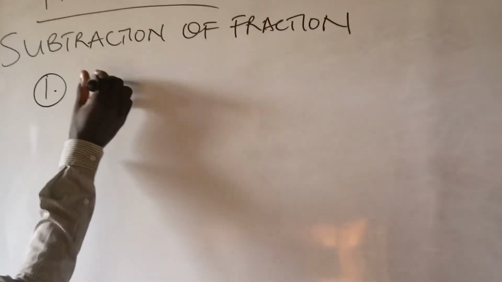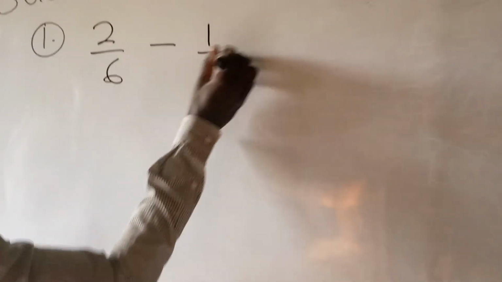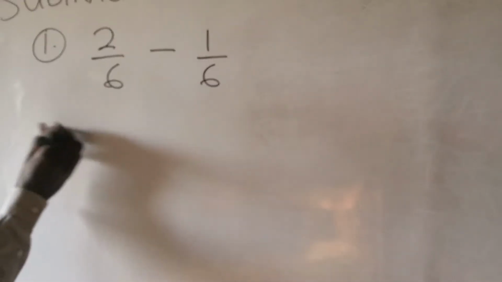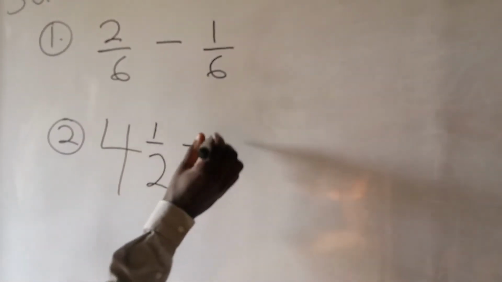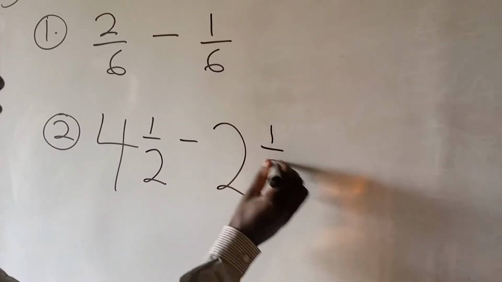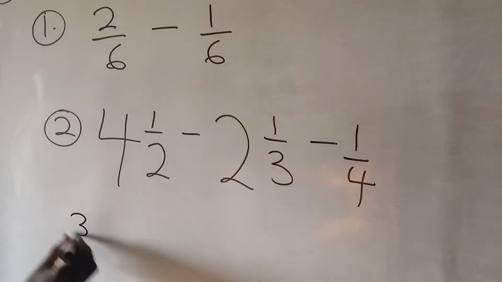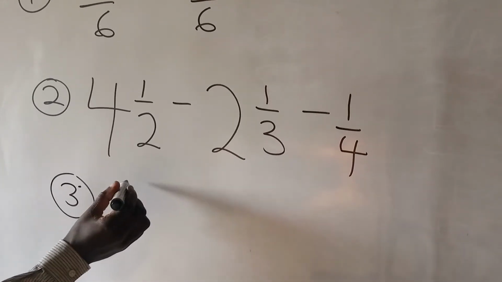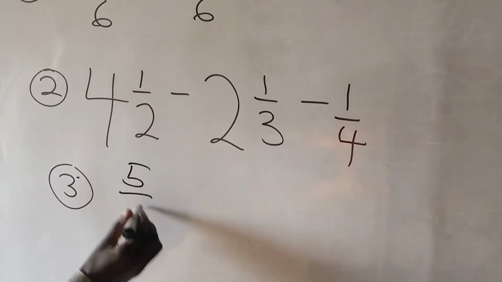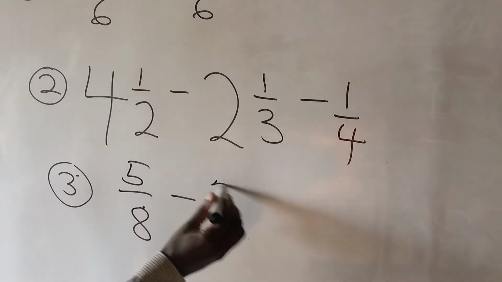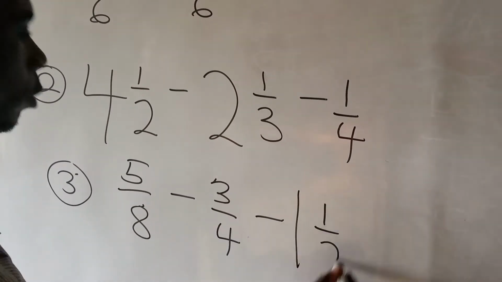1. 2/6 minus 1/6. 2. 4 whole number 1/2 minus 2 whole number 1/3 minus 1/4. 3. 5/8 minus 3/4 minus 1 whole number 1/2.